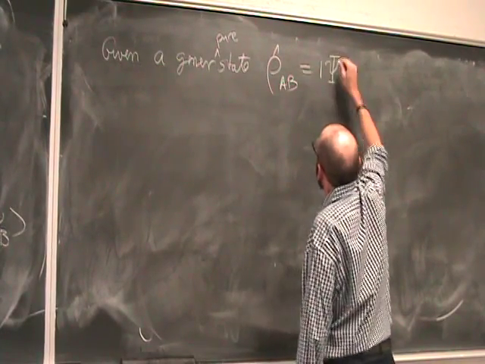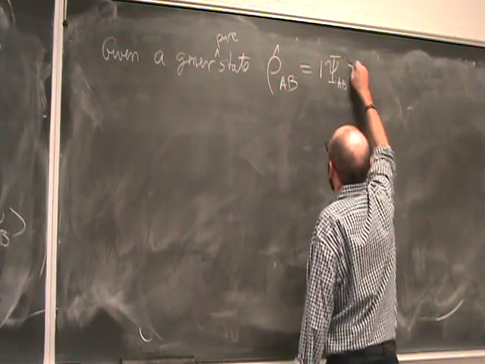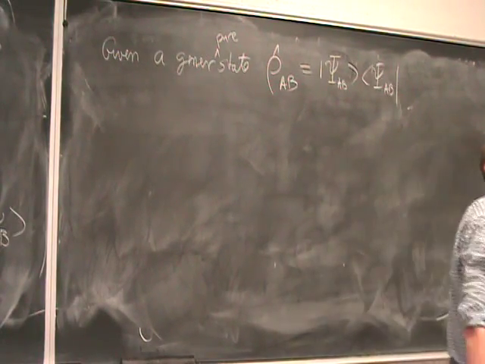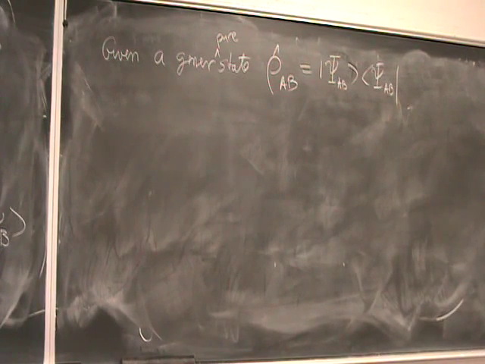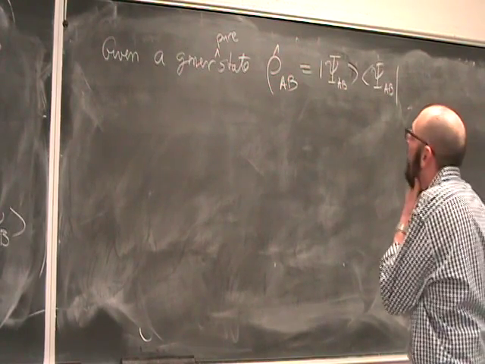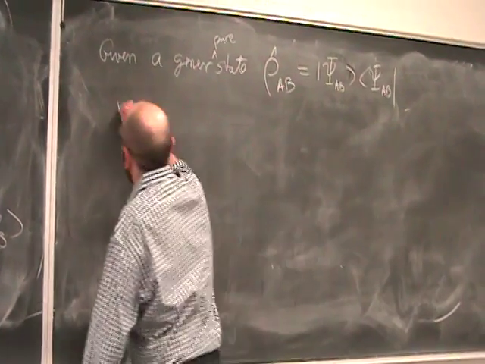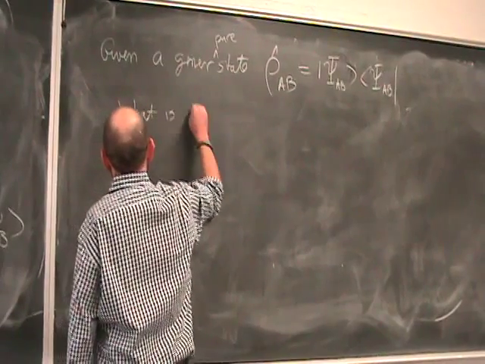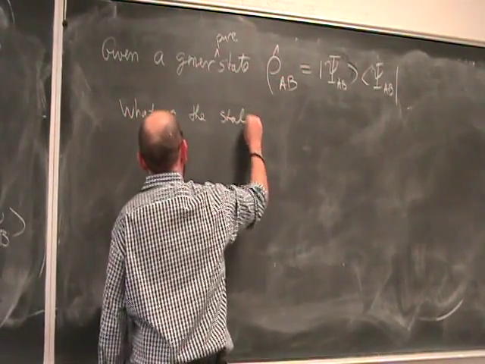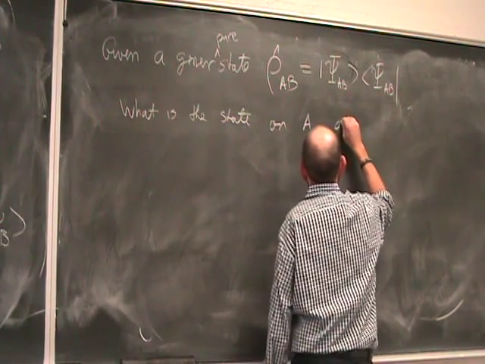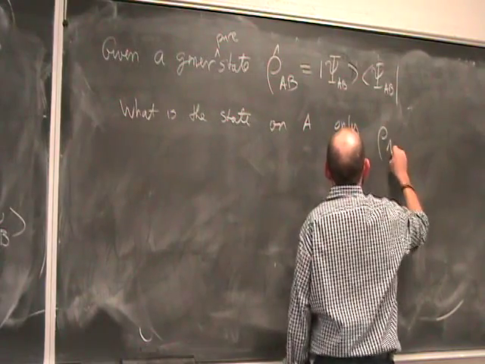I will generalize in a moment to the joint state being possibly mixed as well. So we have a general pure state of the joint system, and I ask you, how would I find the marginal density operator?